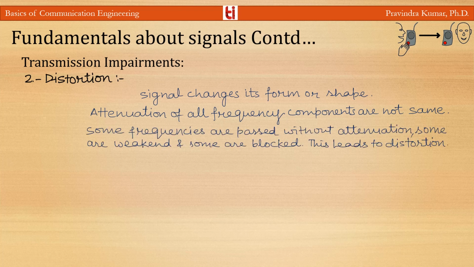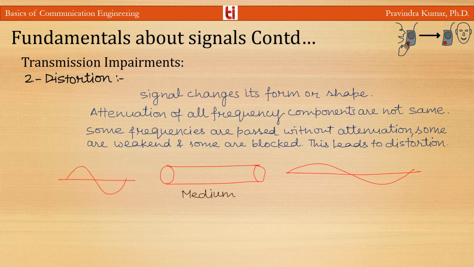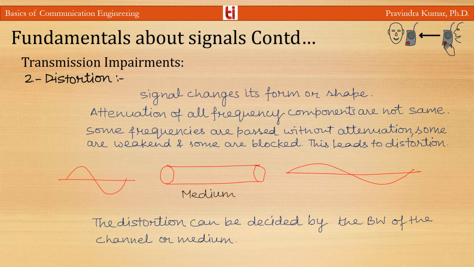This leads to distortion, and that is what we are sending, the receiver is not getting the same thing. So with the distortion we have a spread signal, and this will cause intersymbol interference at the receiver side. Now this distortion can be decided by the bandwidth of the channel or medium.